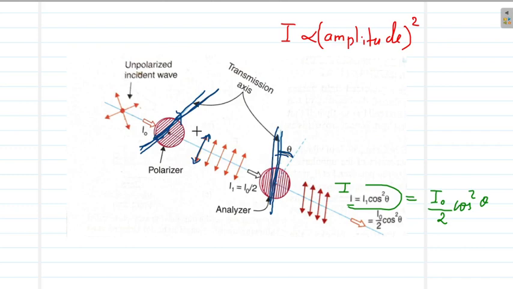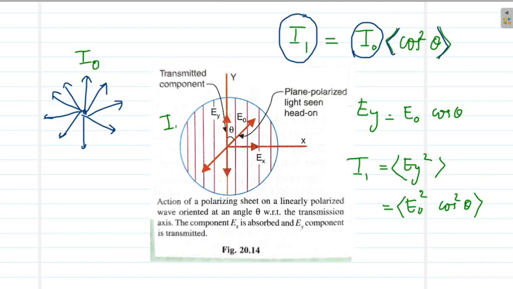Both are same because this plane polarized light was produced by this polarizer. So this plane polarized light will have electric field parallel to the transmission axis of the polarizer. So in a way, this theta is also the angle between the transmission axis of the polarizer and the transmission axis of the analyzer. So I hope this working of polarizer and analyzer are clear for you, and the basic concept of the Malus law is clear for you.